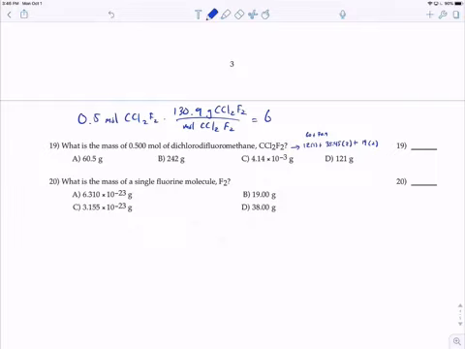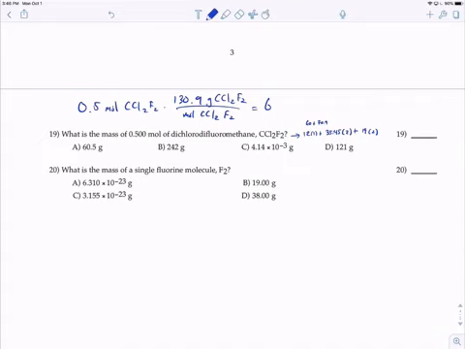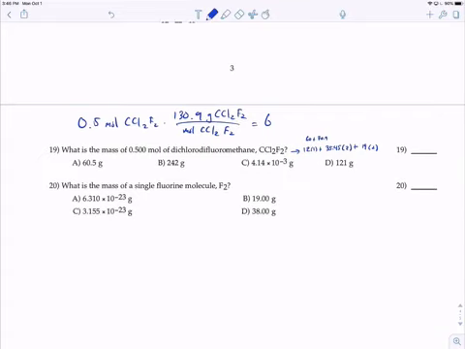Did I do something wrong? I wonder if I calculated the mass of the thing wrong. Wait, 19 times 2, that's 38. It's 120. 60.45.